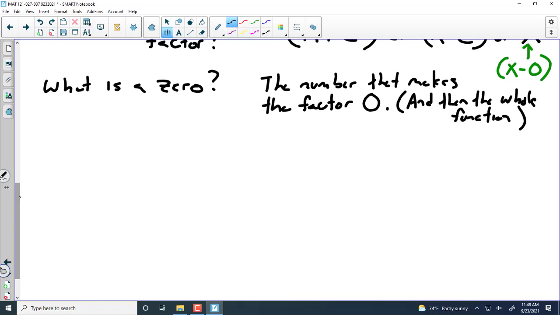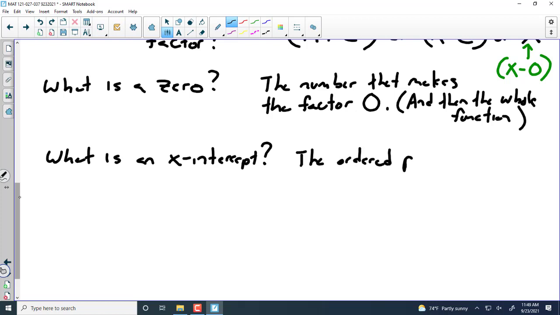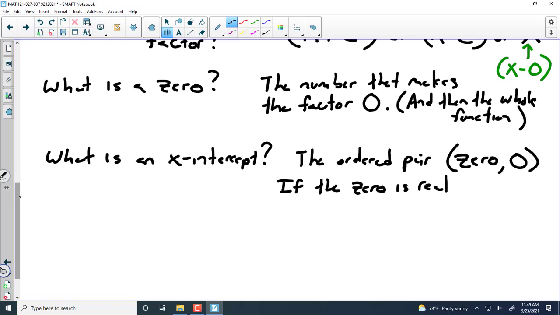What is an X-intercept? It is the ordered pair where you write the 0, comma 0, if the 0 is real. So here's what I want you to take away from this, everyone.